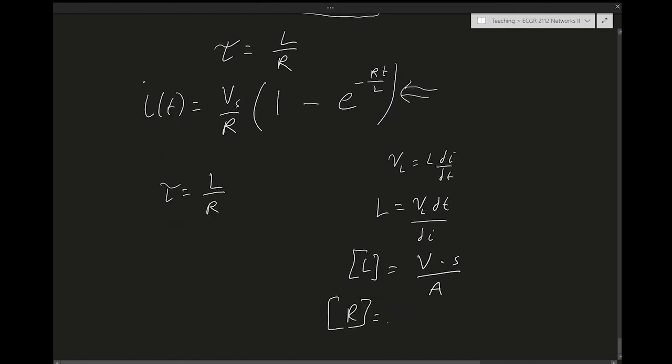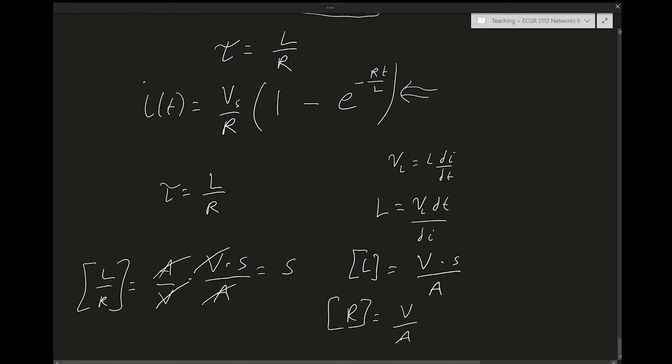The units of R are volt over amp. Therefore, the units of L over R are the inverse of the units of R, which is amp over volt, times the units of L, which is volt second over amp. Amp cancels with amp, volt cancels with volt, and we get seconds.